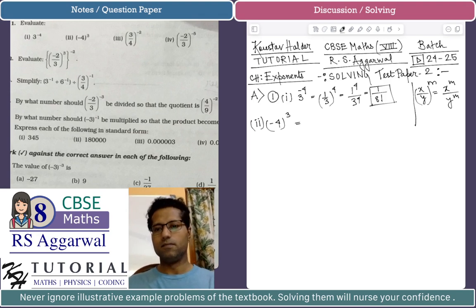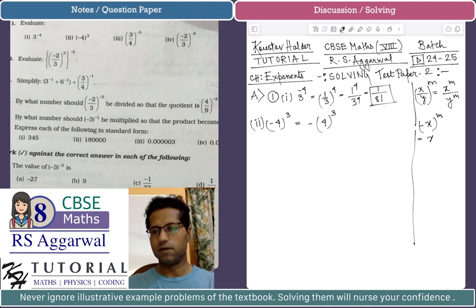Part 2 is minus 4 raised to the power 3. Now any negative number, when raised to some power, if the power is an odd integer, then it is the negative of the number without the sign raised to the same power. So the concept is minus x, where x is the rational number, minus x to the power m is equal to x to the power m, you ignore the sign of the base x, if m is even.